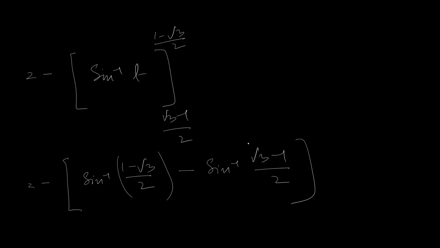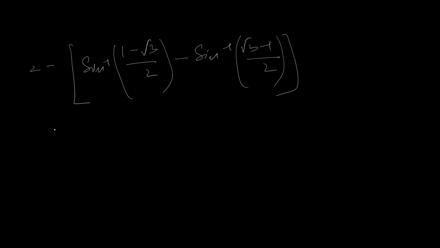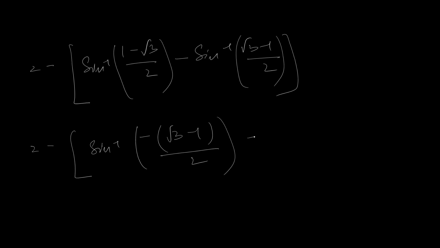Give brackets here. Done. Now I will take the minus common in the first term, so I get the argument (√3 − 1)/2, and the bracket is closed.